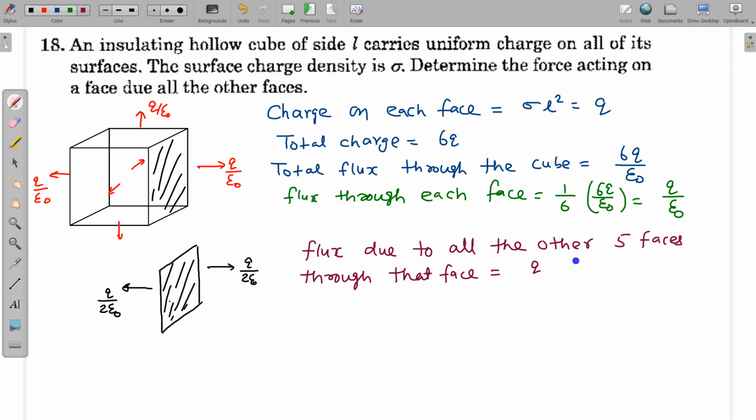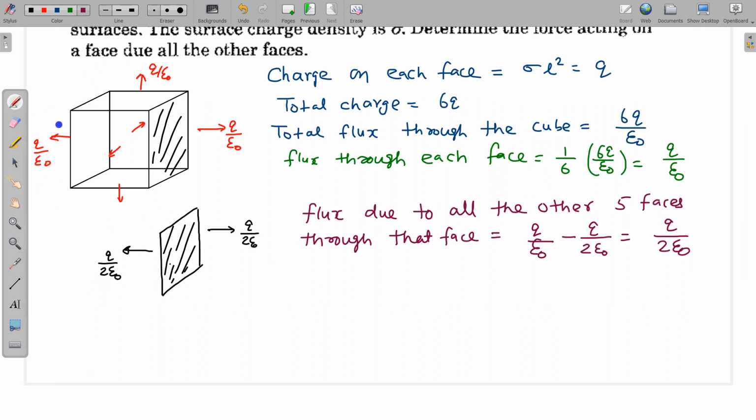So flux due to all the other 5 faces through that face is equal to q by epsilon naught, the total flux leaving that face, minus the contribution due to itself, which is q by 2 epsilon naught. So it is q divided by 2 epsilon naught. So from this face, this much flux, q divided by 2 epsilon naught, is leaving out due to the other 5 faces. Now let us use this to find force.